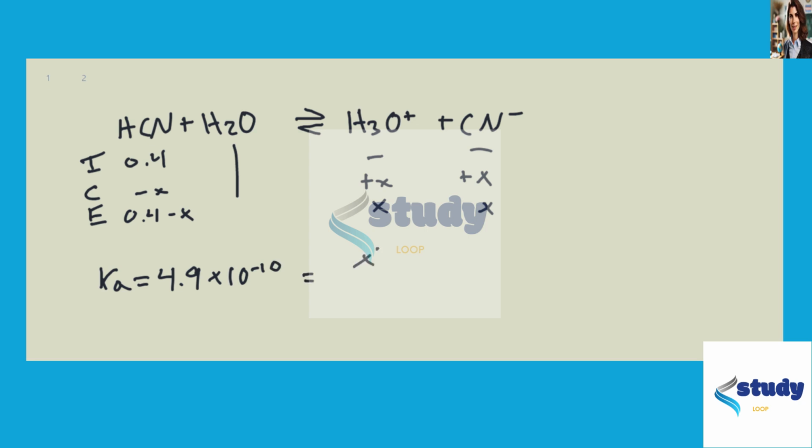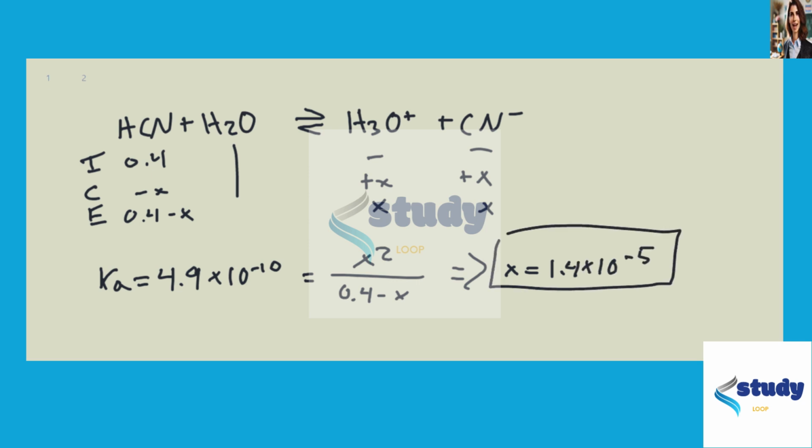And that's equal to X squared over 0.4 minus X, the products divided by the reactants. And we get X is equal to 1.4 times 10 to the minus 5. So this is our concentration of cyanide.